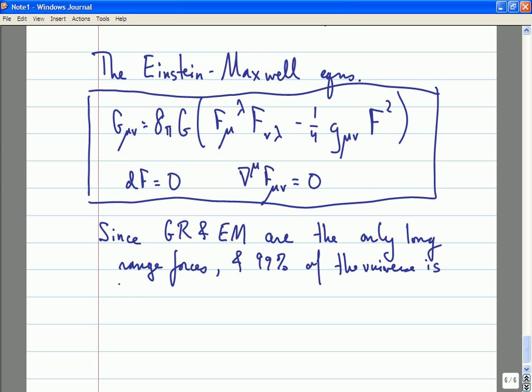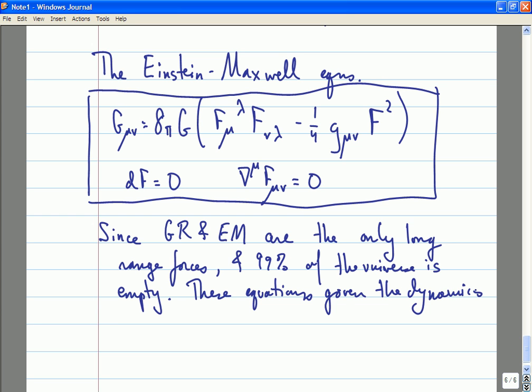I think it's fair to say that these equations govern the dynamics of most of the universe. And indeed, you could say of the vast majority of the universe.